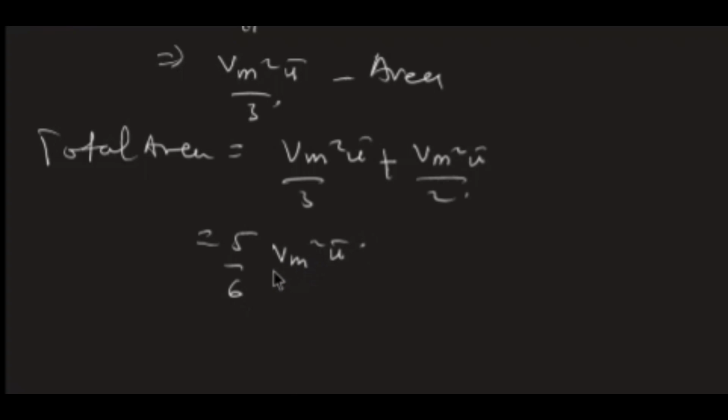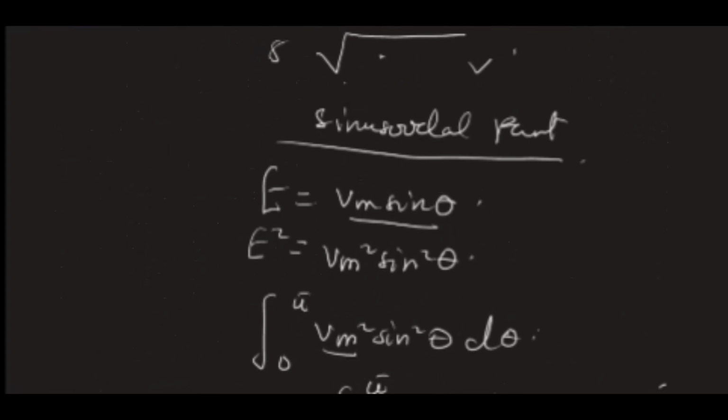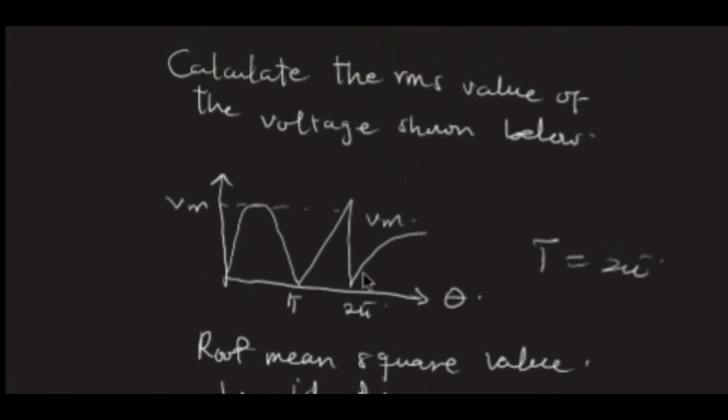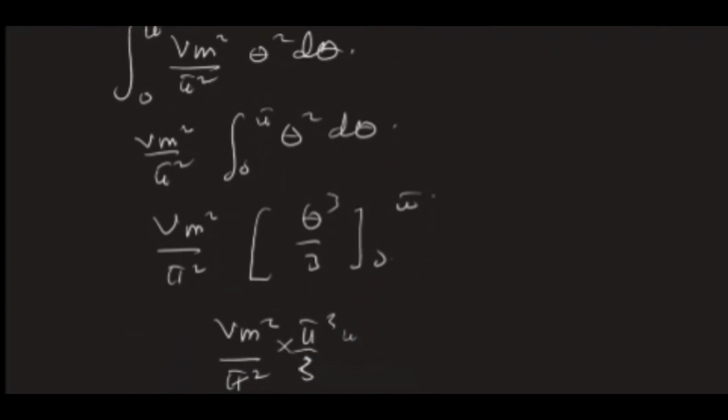Once you get the total area, the rule says you divide this by our period. And the period here is 2 pi. The period of the entire cycle, starting from this side to this side, is 2 pi.